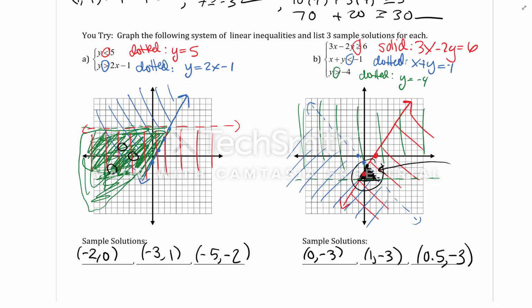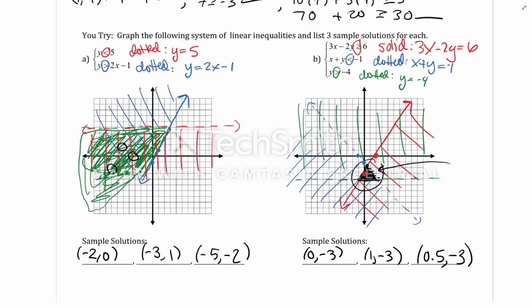So these are the solutions that I have for you try A and B. For you try A, you should have a dotted line at y equals 5, and also a dotted line with a y-intercept of -1 and a slope of 2. For the horizontal line, you would shade below it for y values that are less than 5.